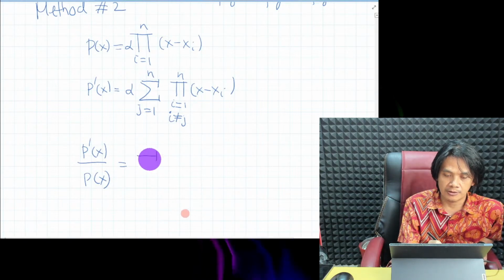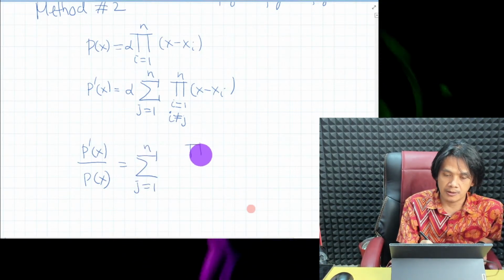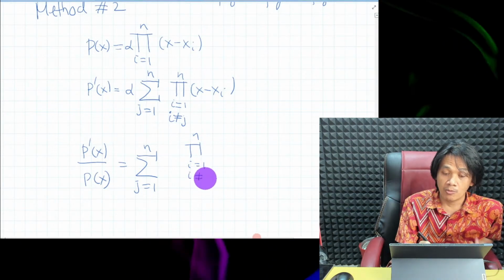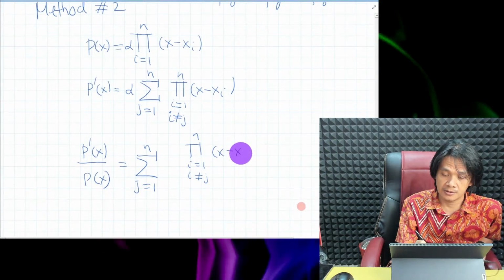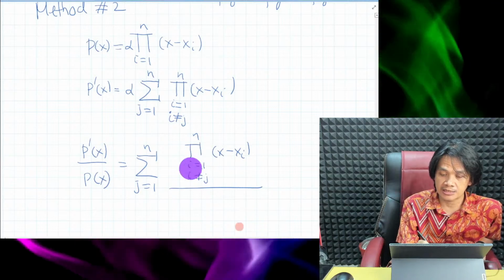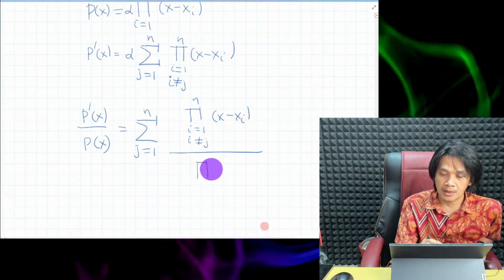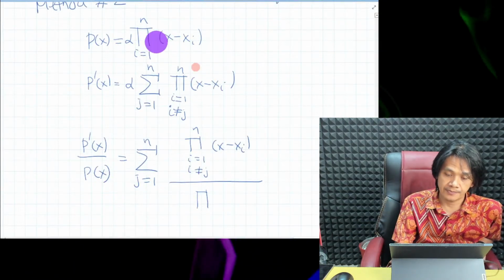So what we have is the sum of the product from 1 to n, where i is not equal to j. So here there is a restriction that i is not equal to j, but on the bottom there is no restriction. We divide this by p of x.